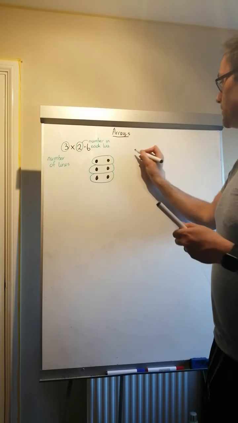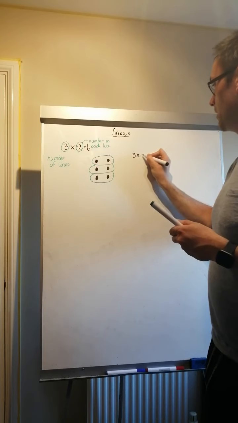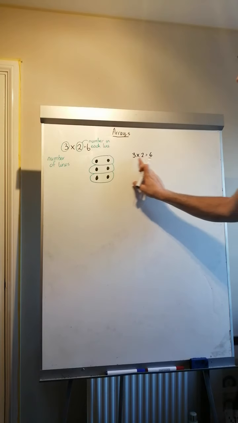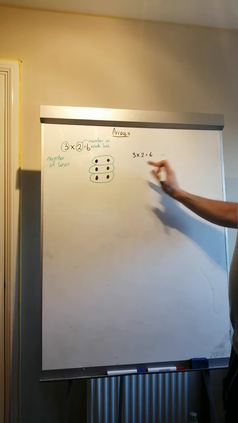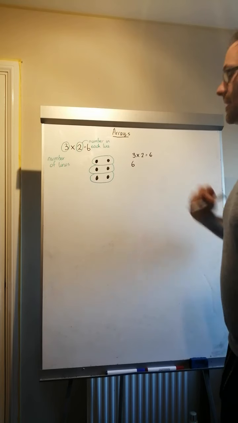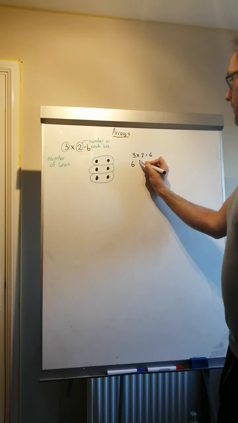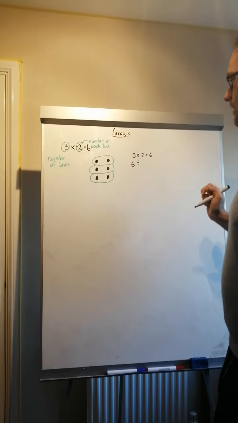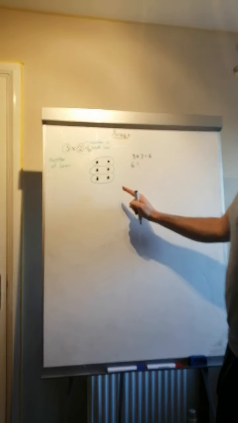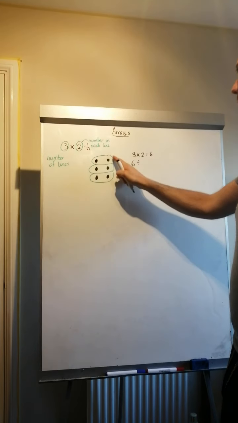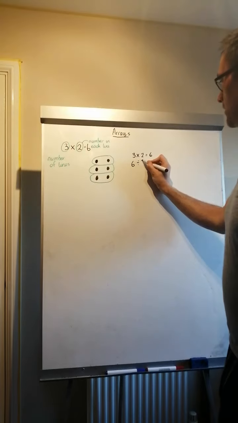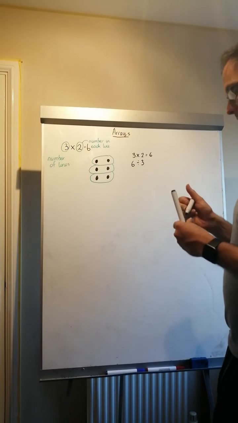So I'm just going to write 3 times 2 equals 6 over here again. We're only going to use these numbers. So 6 is our biggest number. Then we put the divide sign in. And then how have we done it? So we've divided the 6 into how many groups? Well, 1 group, 2 groups, 3 groups. So that's how many groups.